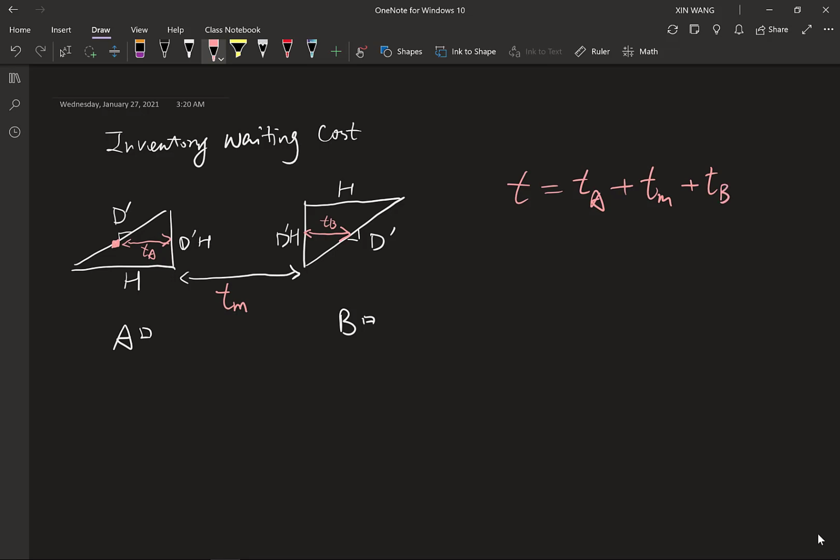And by the symmetric properties, we know that this equals the headway plus Tm. Okay, if we define the unit inventory waiting cost to be CI, this is dollars per item per time.